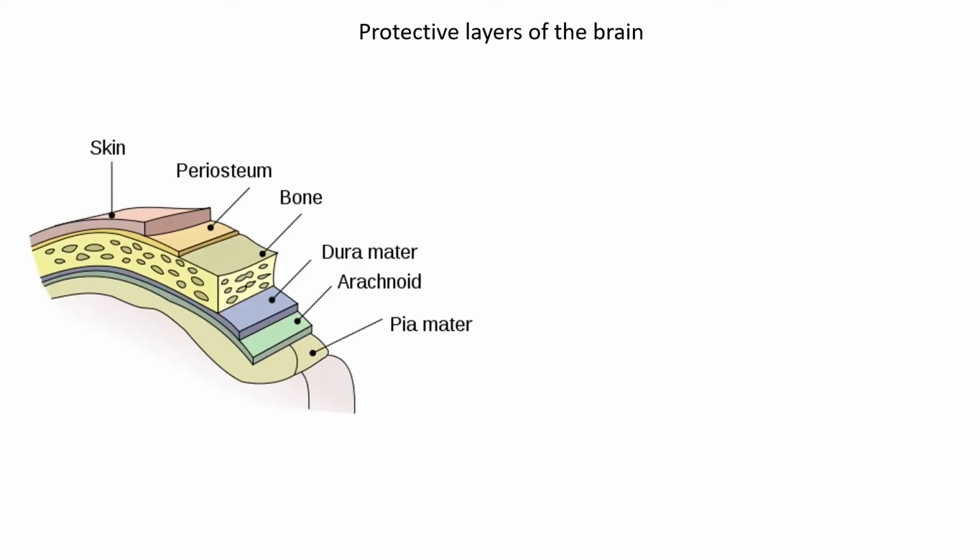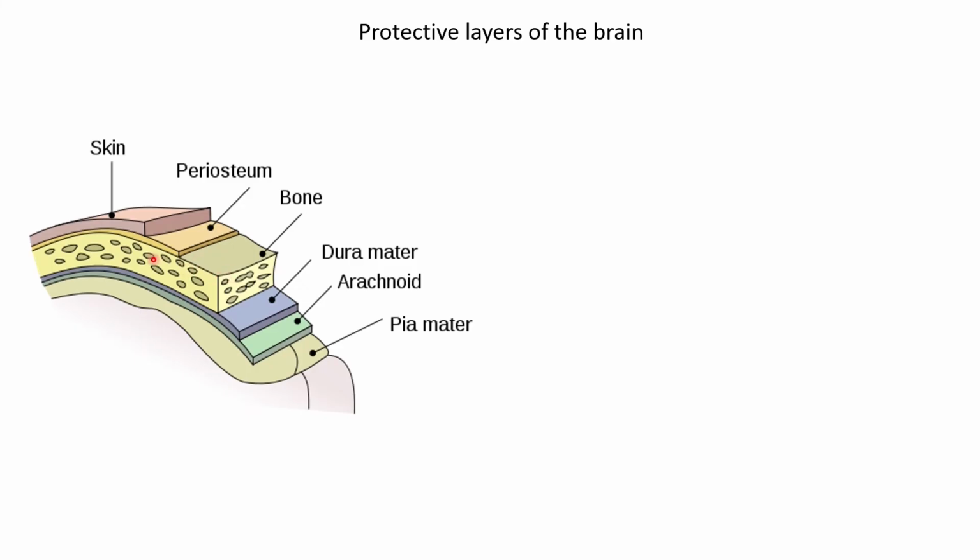And evolution has come up with 6 protective layers for the brain for this purpose. Of course, we have the skull, the bony structure that is surrounding the brain. So that provides protection against any physical impact. And then, of course, you have the skin on top above the skull. And between the skin and the skull, there is another protective layer called the periosteum.